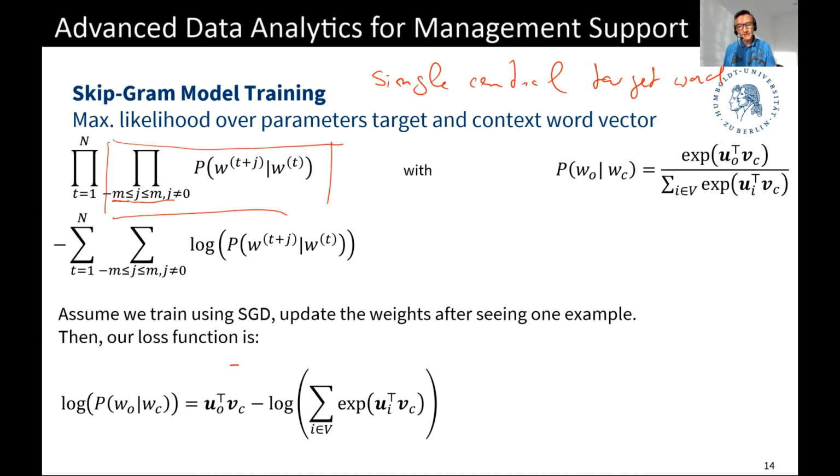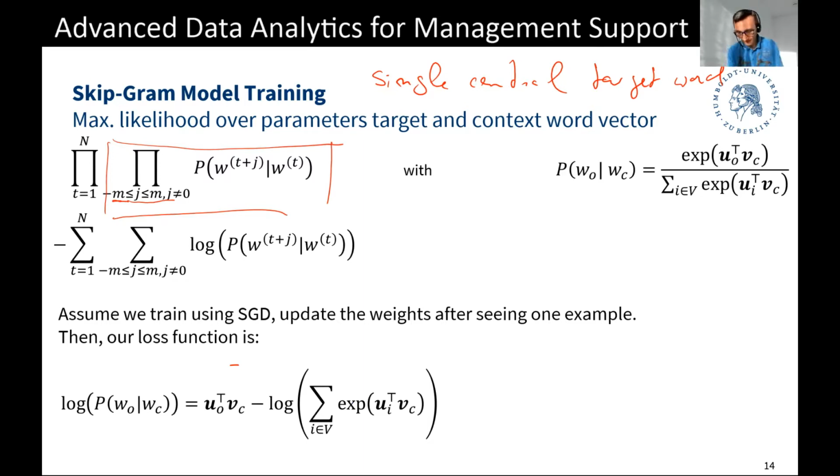And if we assume that we use stochastic gradient descent for training our neural network, then you know that, or I hope you remember, in stochastic gradient descent, we update the weights of our neural network after seeing a single data point. We approximate the full gradient of our loss function with regard to the weights using the residual that we collect from a single training example.